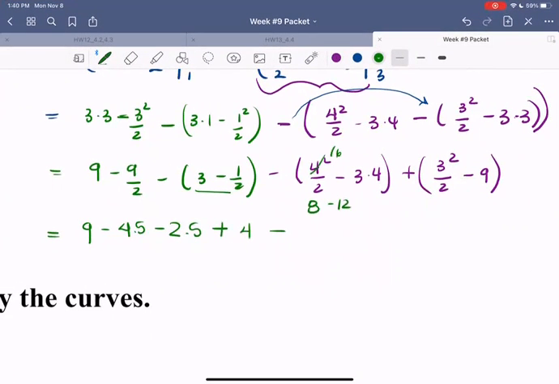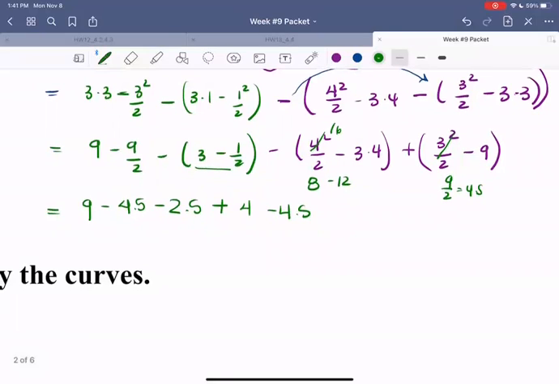Then I'm going to get a plus 3 squared is 9. So I get 9 over 2, which is 4.5 minus 9, which is going to be negative 5.5. Oops, and actually good catch, everyone who's following along, minus 4.5. So it's good just to really take things slow and use a lot of space here.